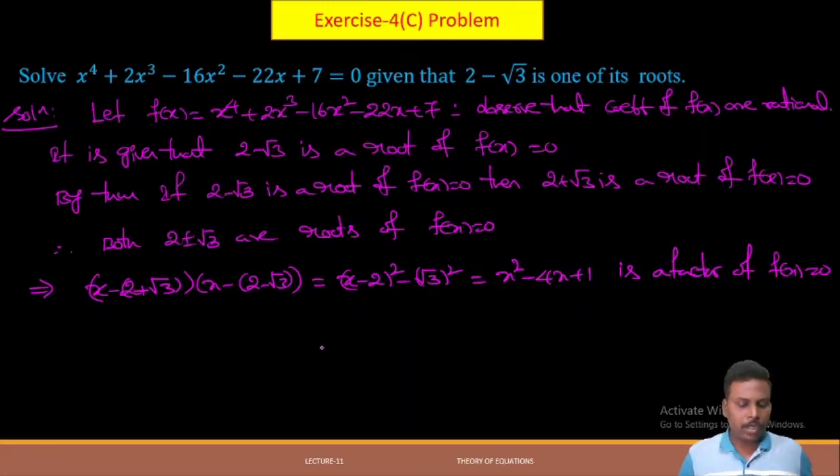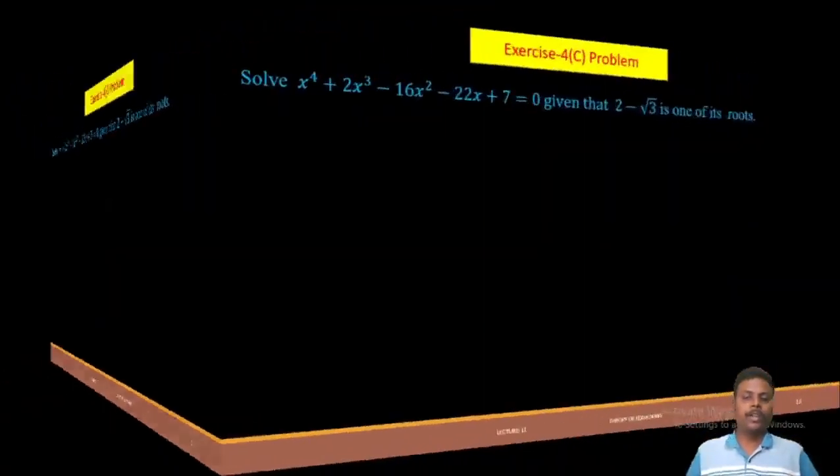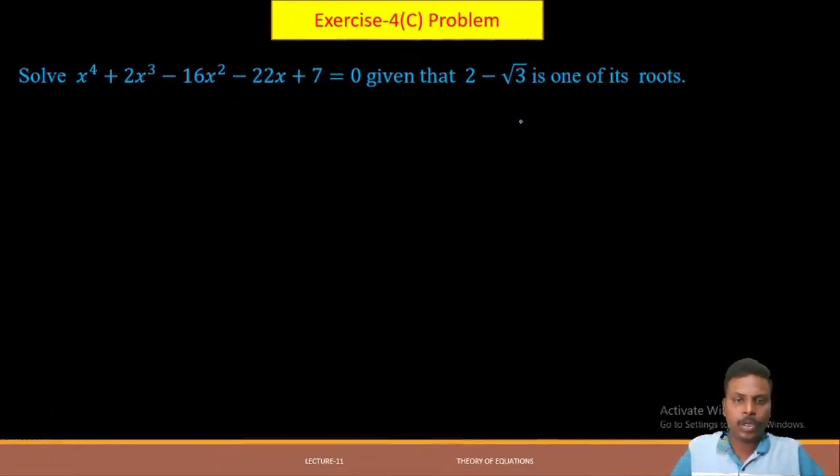Now let me do the Horner synthetic division to find out the remaining factor. So let us write the coefficients. 1, here it is 2, minus 16, minus 22 and 7 here.